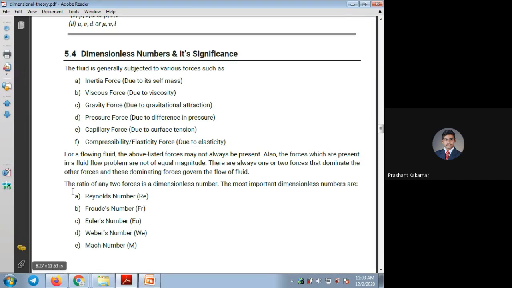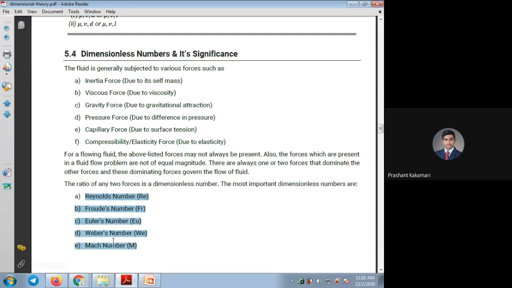Below we have listed 5 dimensionless numbers, and to find them we need forces which have dimensions. Which are those? We need inertia force, viscous force due to viscosity, gravitational force of the fluid, pressure force, capillary force, and compressibility or elastic force. So these 6 forces are required to find these 5 dimensionless numbers.